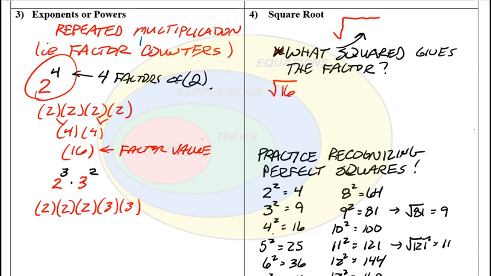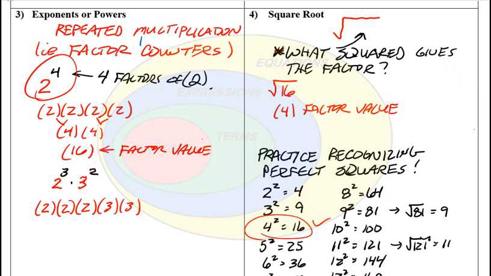And if I look down here, 4 squared is 16. So the square root of 16 actually gives me a factor value of 4. So this operator is changing the factor value of 16 to 4 because it's the square root. It changes the factor to a different value.